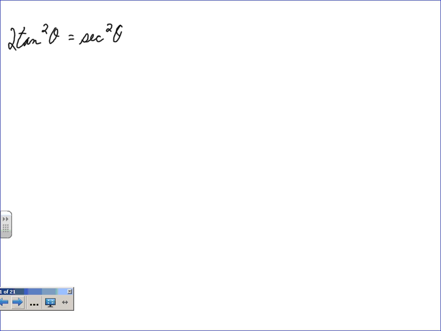Not minus 1, but plus 1. We have a Pythagorean identity here for secant squared. Secant squared is equal to tangent squared plus 1.